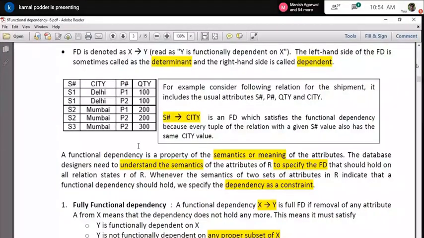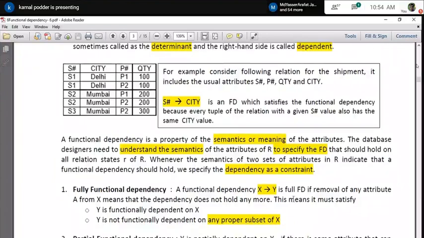You have to find out what type of functionality exists in that particular data set. You are not introducing anything; it is inherently there. So if you try to find out what type of functional dependency exists, you have to understand the meaning properly, by checking all the data.